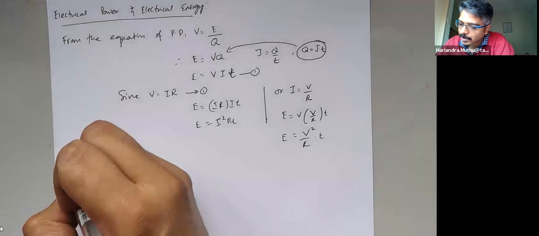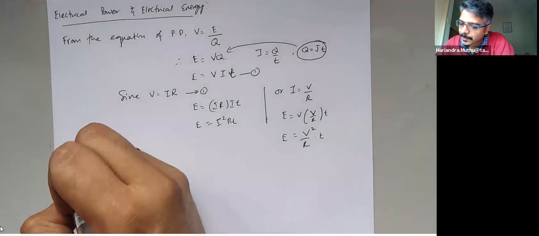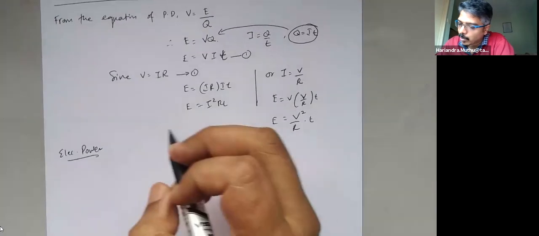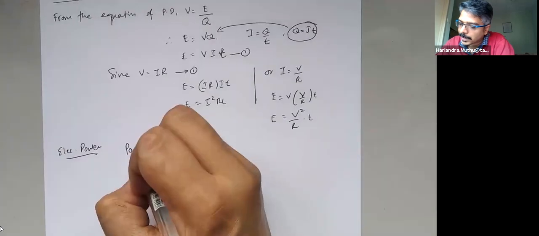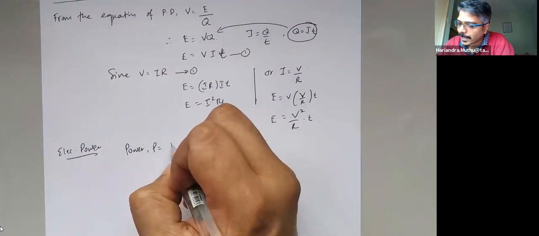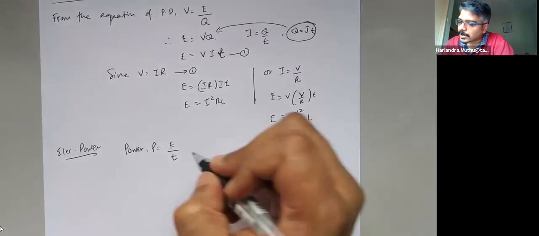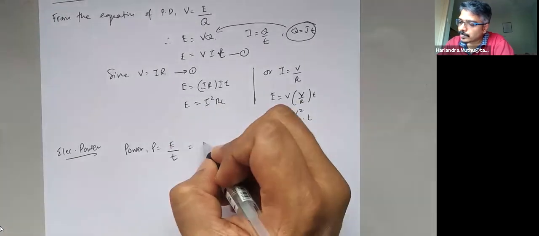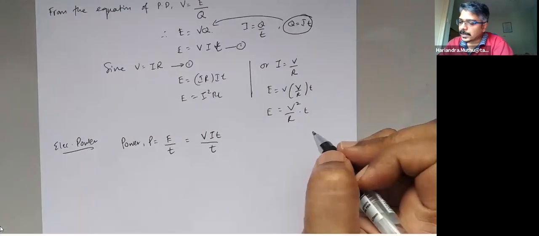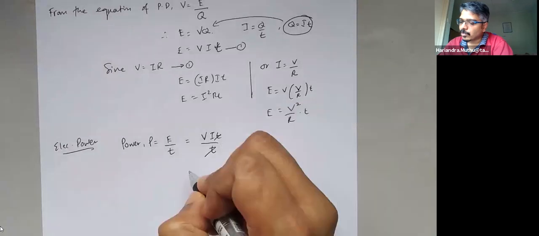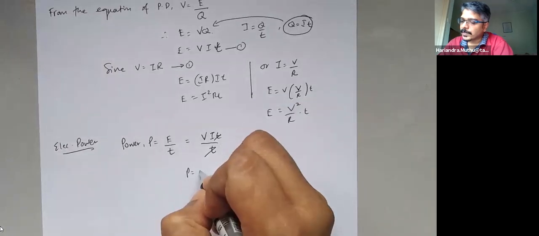So for electrical power, right, power P is defined as the rate of energy dissipated. So for electrical energy, I'm going to use VIT over T. Hence, we have P equals IV.